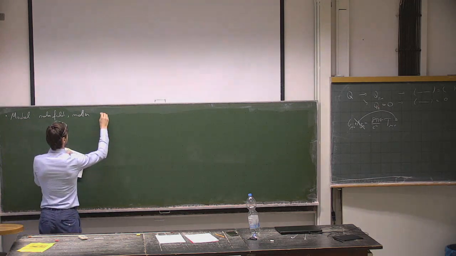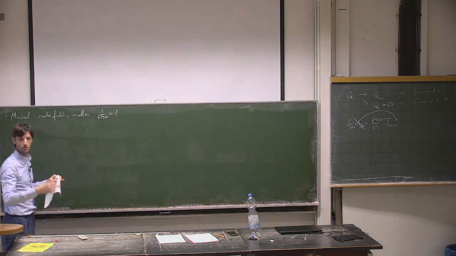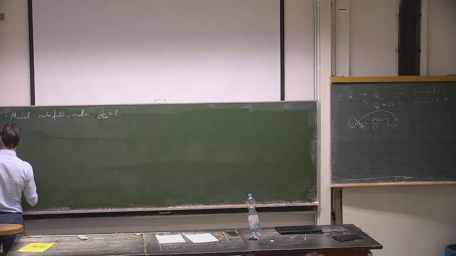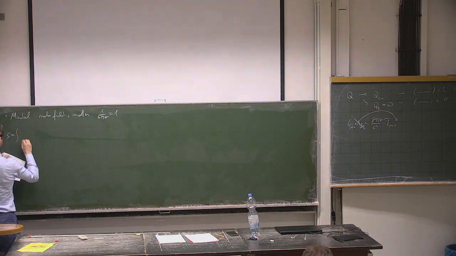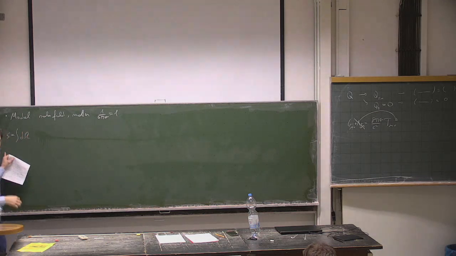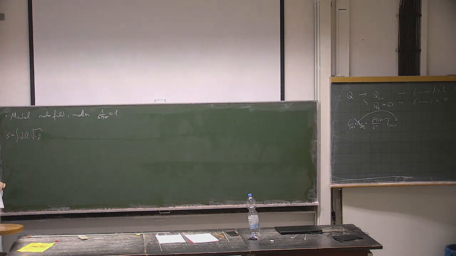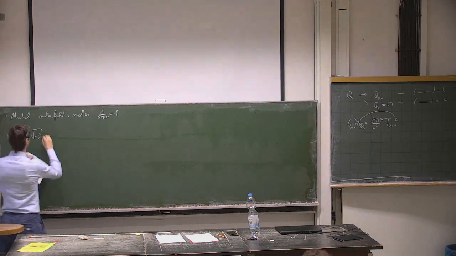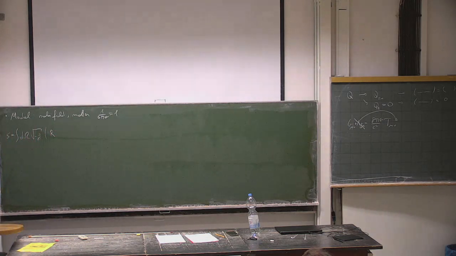And I will set 1 over 16 pi G equal to 1, just not to carry around this annoying term. So for our Lagrangian, for such a system, we are going to have our invariant volume element, which contains our beloved square root of minus the determinant of the metric. And then we have the Ricci scalar that is telling us we are in a curved spacetime.